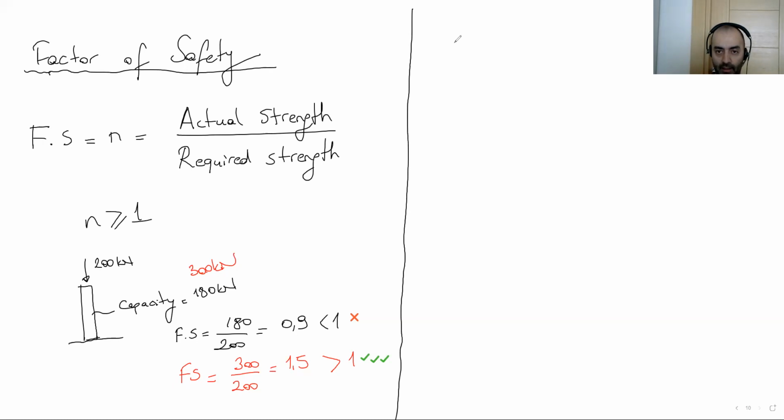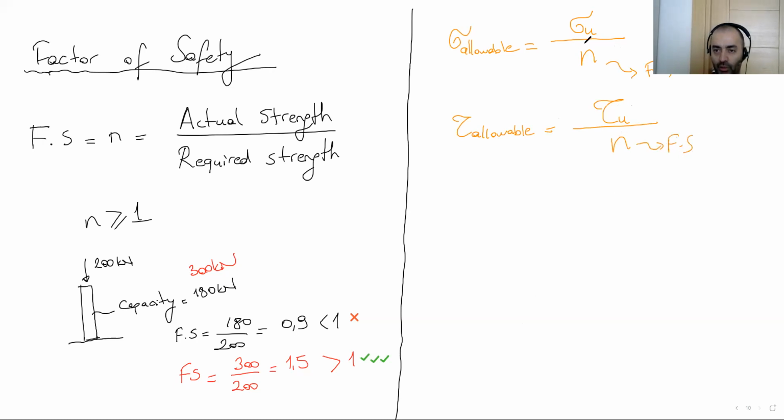Sigma allowable: take the ultimate stress of the material divided by a safety factor. Or tau allowable: take the ultimate shear stress and divide it by factor of safety. N is factor of safety.